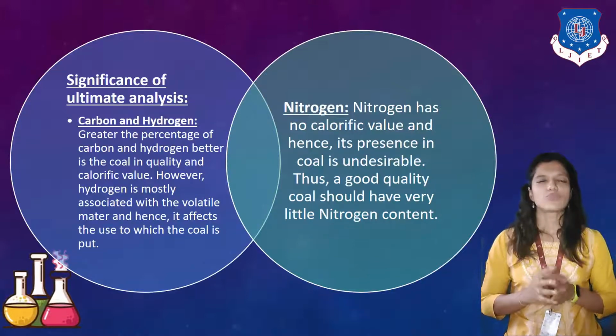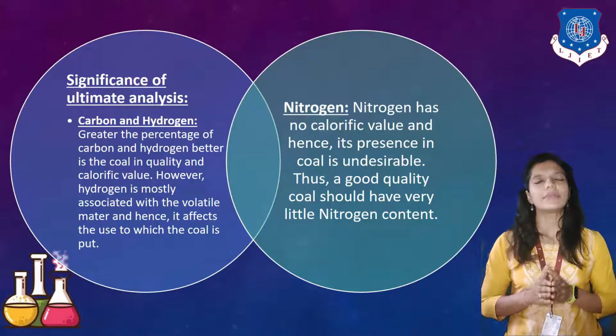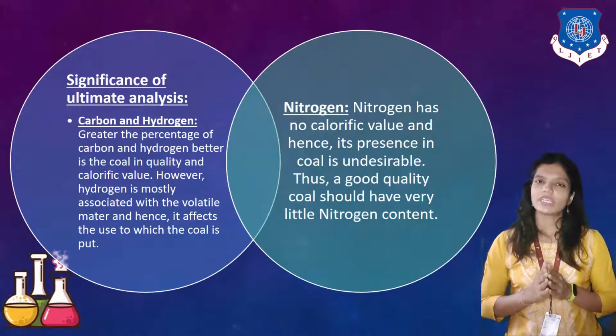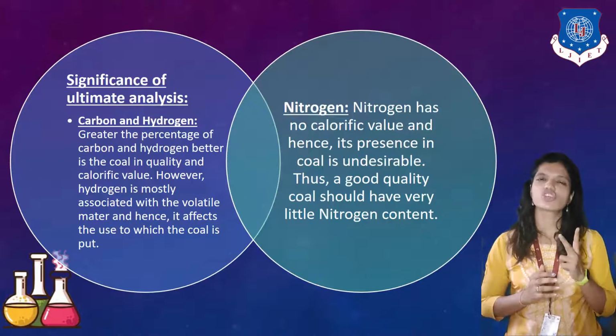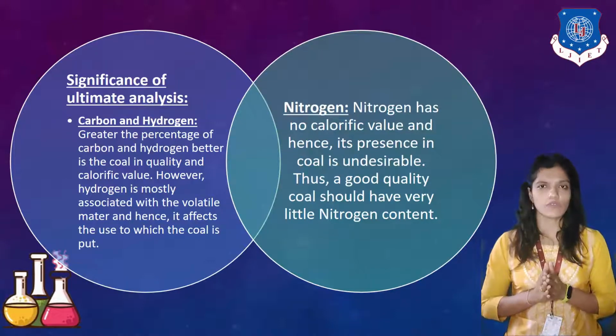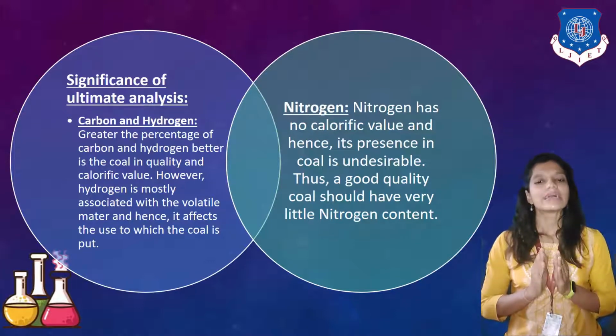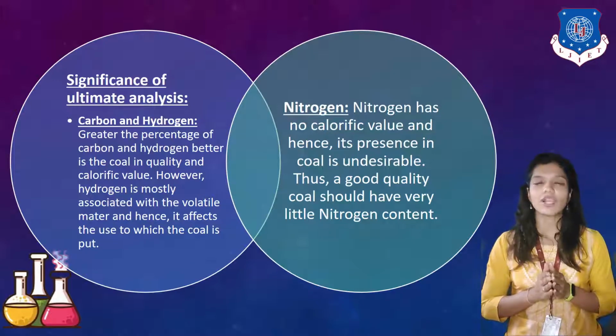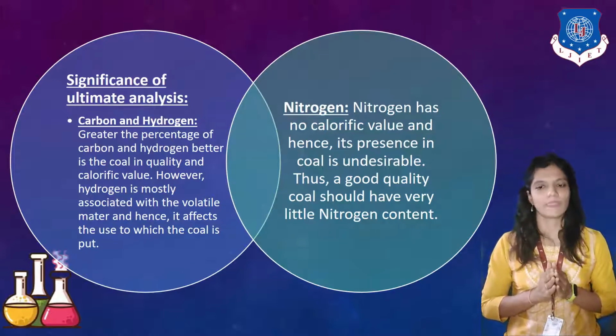Now let's move ahead and see what the significance of ultimate analysis is. As we all know, we determine carbon, hydrogen and nitrogen here. So what is the significance of carbon and hydrogen? The greater the percentage of carbon and hydrogen, the better the coal is in quality, and the calorific value is also better.